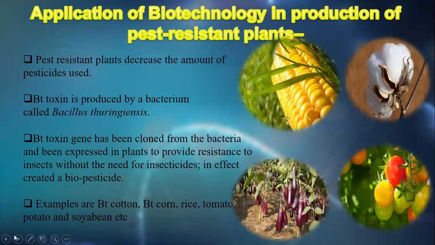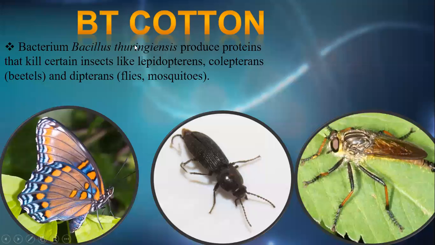So let's move on to the next one. Bt cotton. No one has asked me what this Bt is, right? So what is this Bt? Bt stands for Bacillus thuringiensis, the bacterium that produces a crystal protein or Cry protein, and that is the Bt.